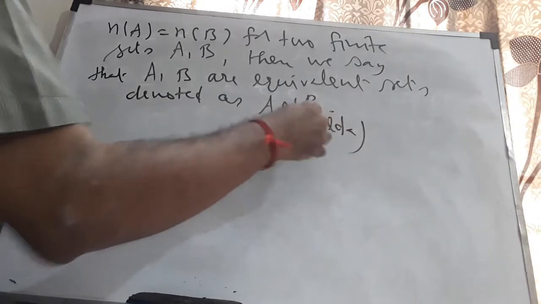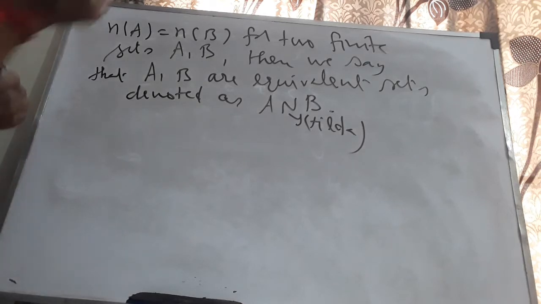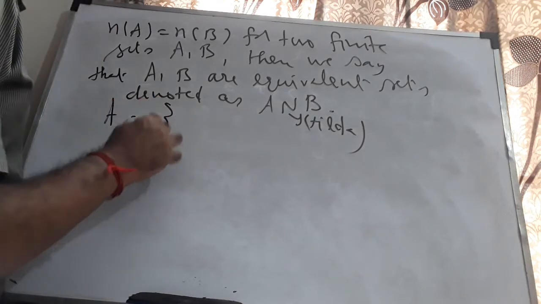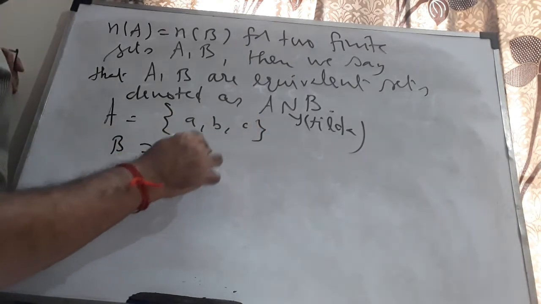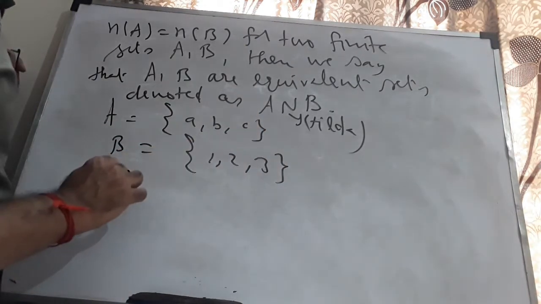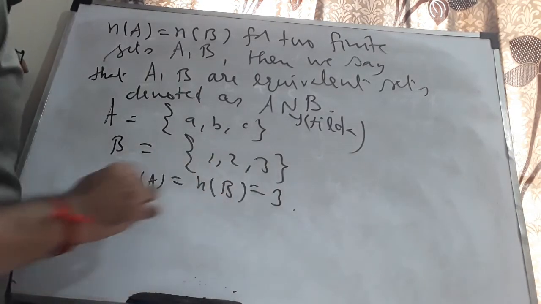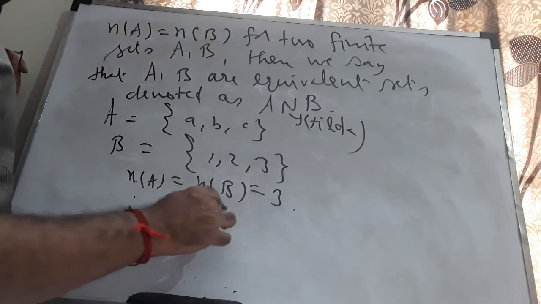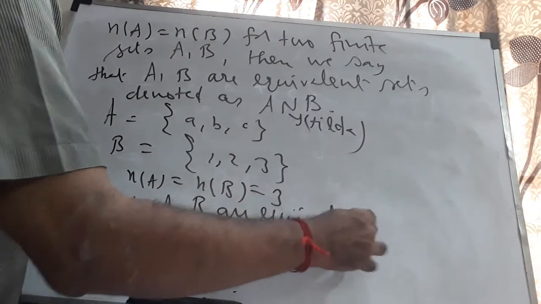It is used for similarity of triangles, as you might have seen in your classes. For example, let A have elements a, b, c, and B have elements 1, 2, 3, and n(A) = n(B) = 3. Therefore, A and B are an example of equivalent sets.